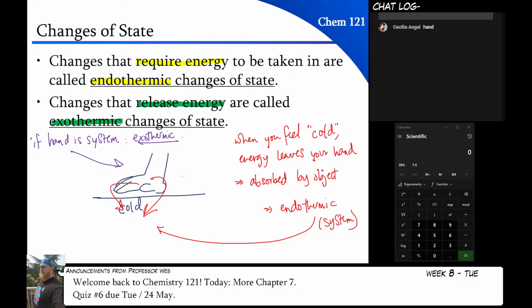So just be mindful of what you are defining as the system. In most cases, it's pretty obvious. It's going to be the thing you're examining. But from the perspective of the sensor or the environment or whatever is around it, the term flips. Because instead of losing energy, it's gaining energy, or vice versa. So just be mindful of that.